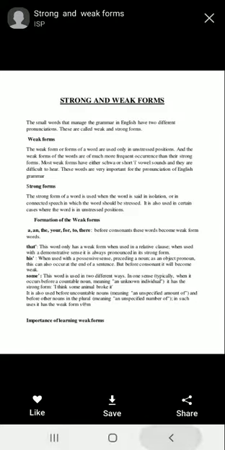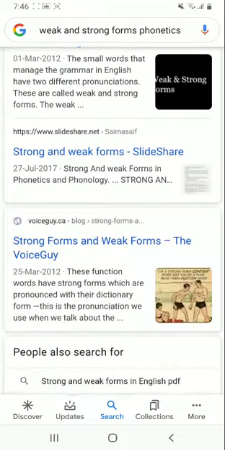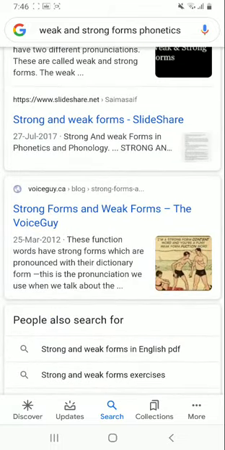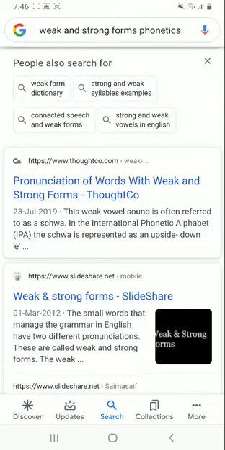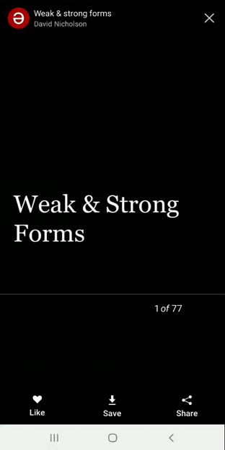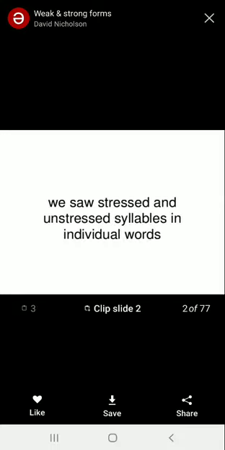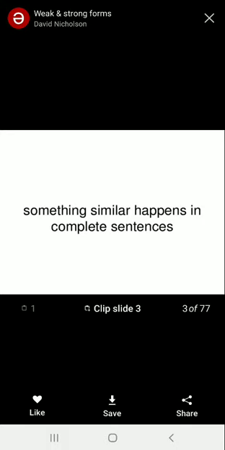So these are the various forms of English we use for better understanding. Stressed and unstressed syllables in an individual word: stressed is strong, unstressed is weak.